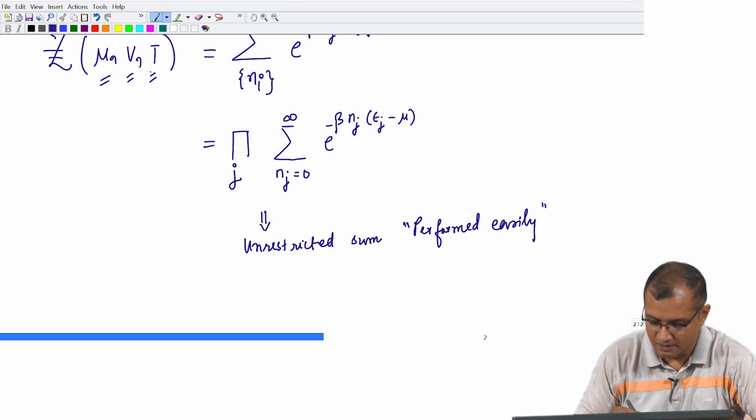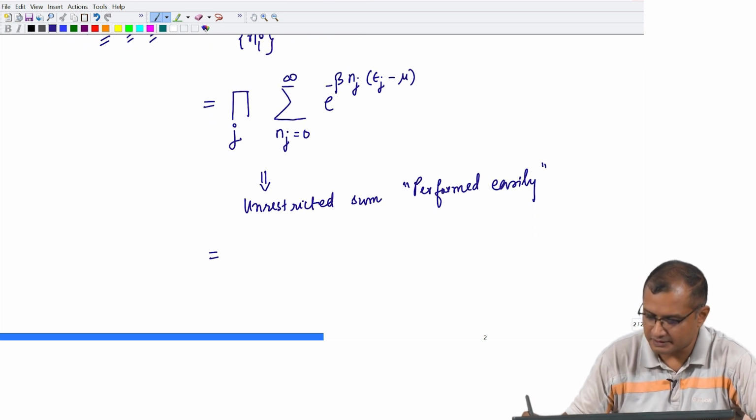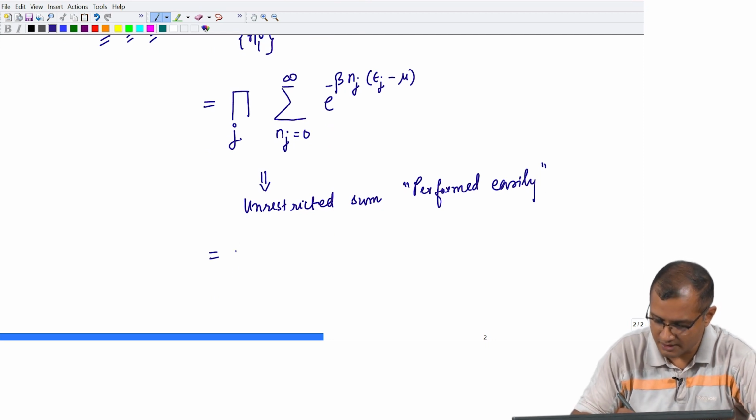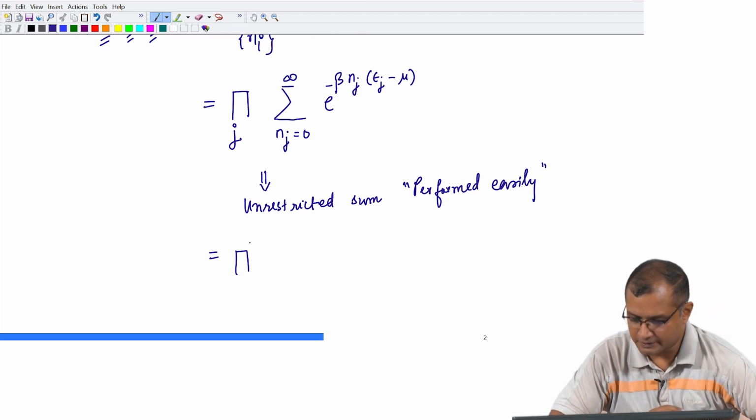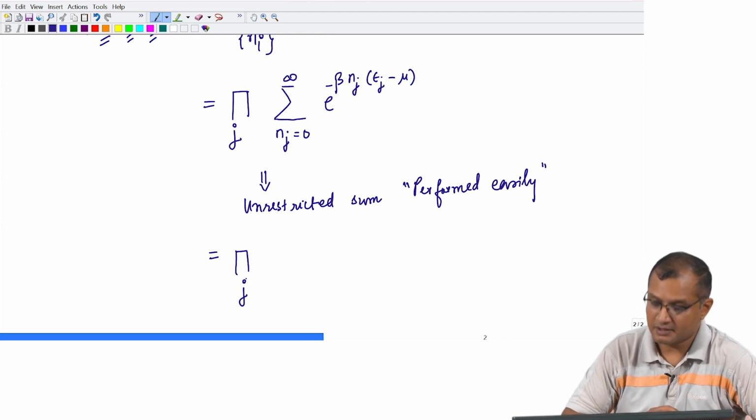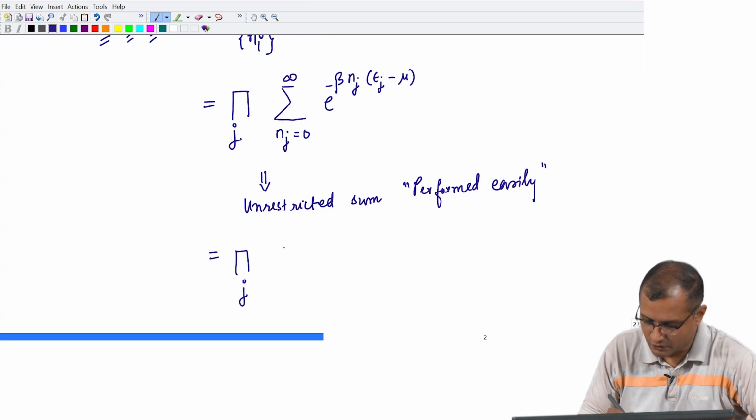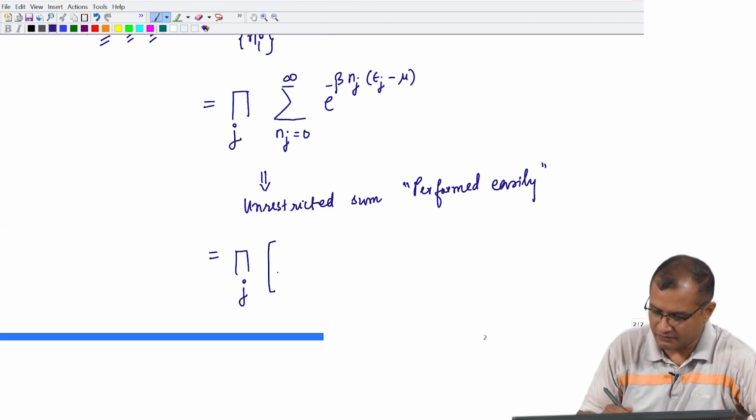Okay. So, then I can write this down as the product over j of a sum, and for each j that I set outside, I am going to write this sum inside for a few terms.